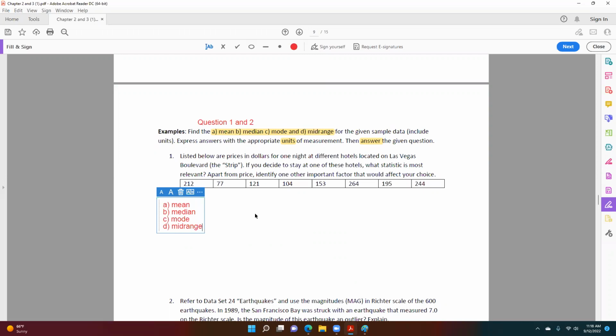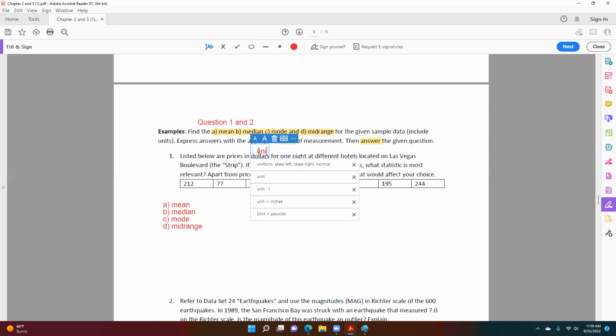Okay, and then make sure you know the units. In this case, since they are all prices in US dollars, your unit is dollars. How I tell students to label units, if you're lazy to put dollar signs per A, B, C, D here, is to just write that the unit in this case is dollars.